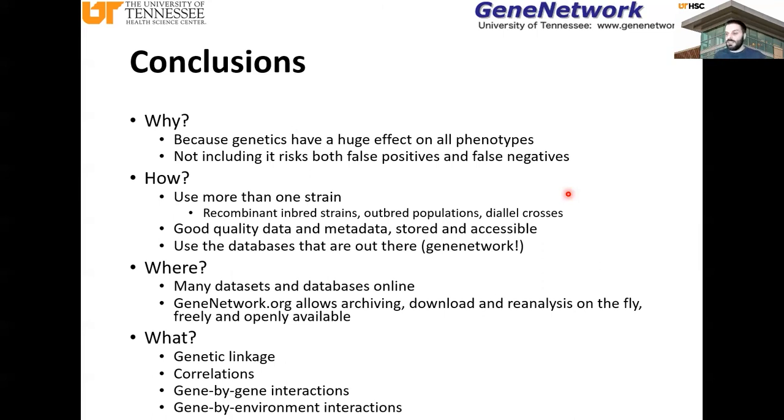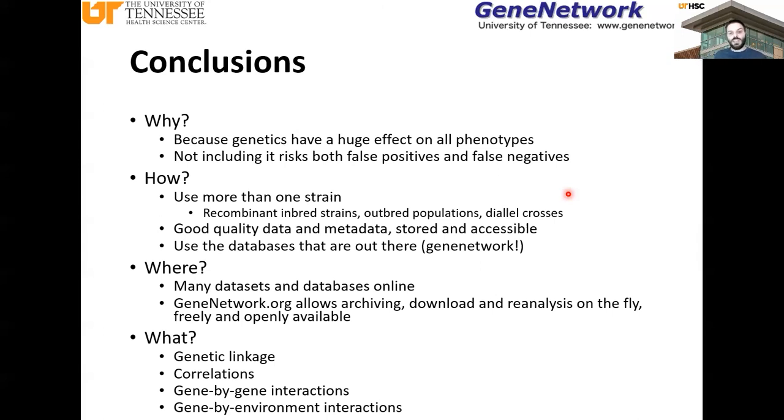Where can you get access to this? As I said, there are several resources: Mouse Genome Informatics, Mouse Phenome Project, Rat Phenome Project, and Gene Network. Gene Network allows archiving your data. It allows anyone to download that data. And if you are good with coding, you can download the data and use whatever language, whatever analysis you want to do.